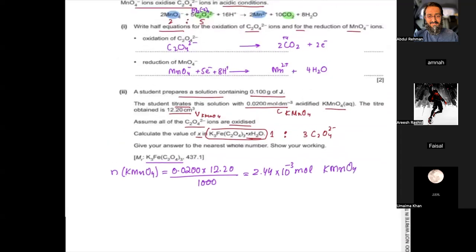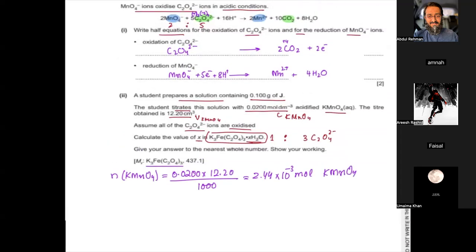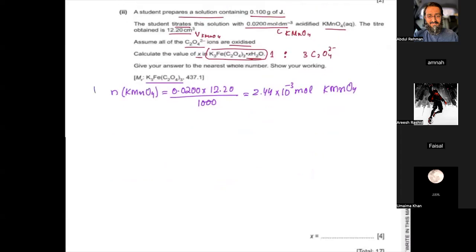So if you see over here, the reaction is between KMnO4 and C2O4 and the ratio is 2 to 5. So first we calculated the moles of KMnO4. In the second part, we are going to take the ratio of KMnO4, potassium manganate, with C2O4 2 negative. The ratio is 2 to 5. So if we have 2.44 exponent minus 3 moles, then how many moles of C2O4 would there be?